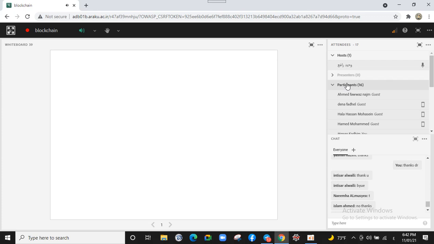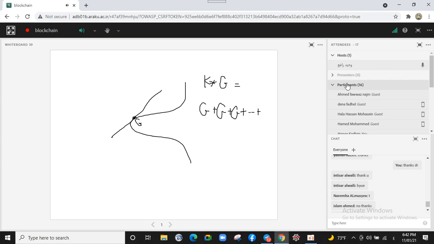if this is the equation, and if this is the tangent line and this is the G, K multiplied by G means G plus G plus G plus G, K times. To calculate G plus G, we should draw a tangent line.